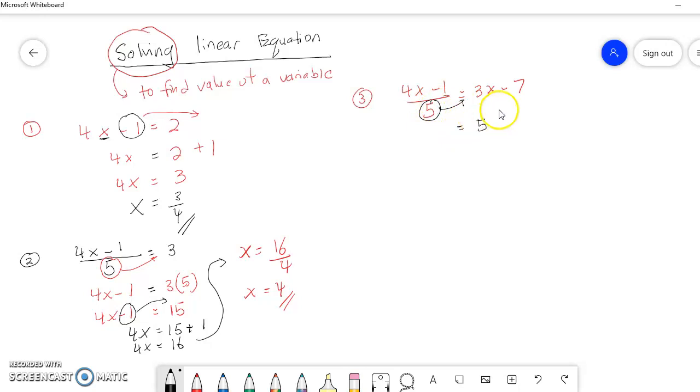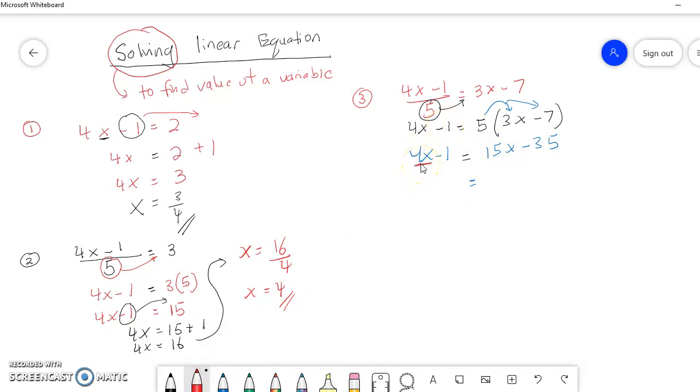Make sure you put a bracket here, 3x minus 7, close the bracket, and here you have 4x minus 1. Then you multiply both sides: 15x minus 35 equals 4x minus 1.